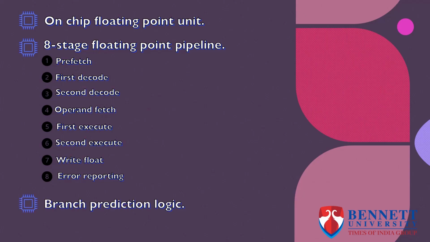Now branch prediction logic. In the 8086 microprocessor, there were two pipelines which made it comparatively very fast, as we talked about earlier. Now in Pentium there are more, which made it comparatively super fast than the 8086, but there is one drawback of pipelines.